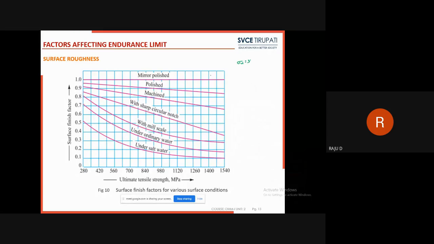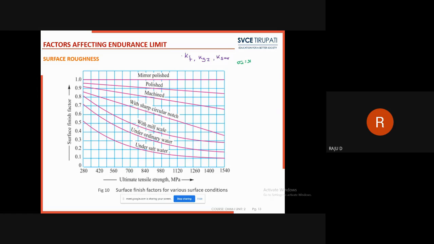First your main aim is to calculate the surface factor, that is KF. Next one is the size factor, KSZ. Next one is the K surface factor.